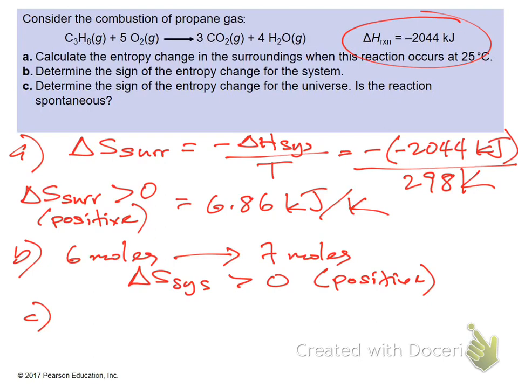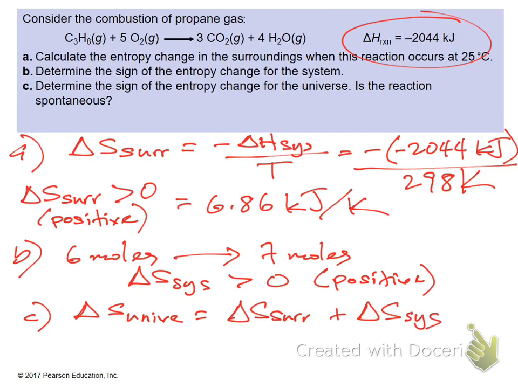All right, so part C is going to be pretty simple in that case because we know the equation for delta S universe, and that's equivalent to the sum of the first two. So delta S surroundings plus delta S of the system.